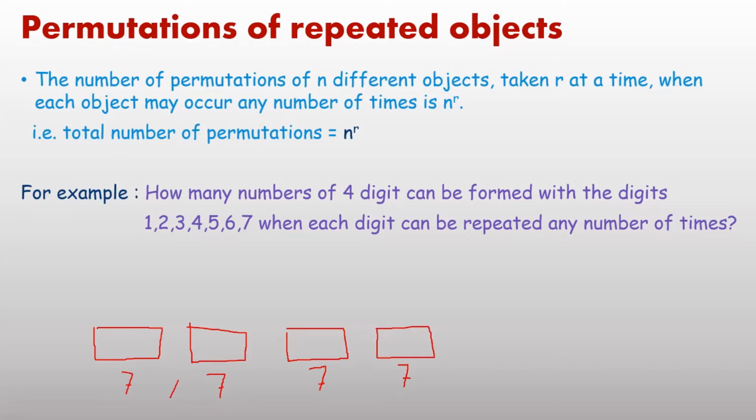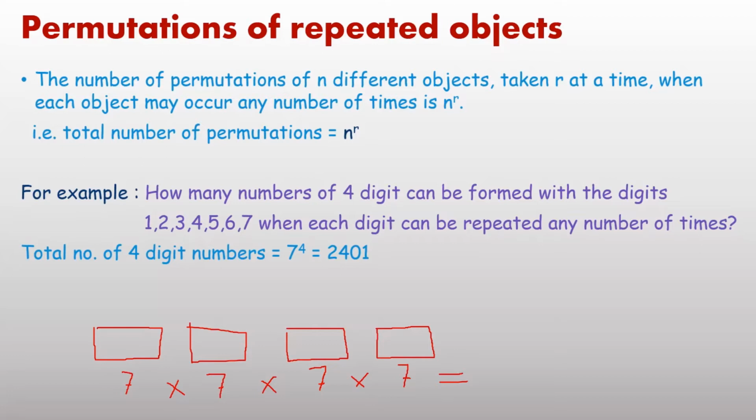Using the fundamental principle of counting, you can easily calculate the total number of 4-digit numbers as 7 into 7 into 7 into 7, equal to 7 power 4. Same pattern, you can apply the formula. Again, by definition, n different objects, here 7 different digits, taken r at a time, taken 4 at a time means a 4-digit number.